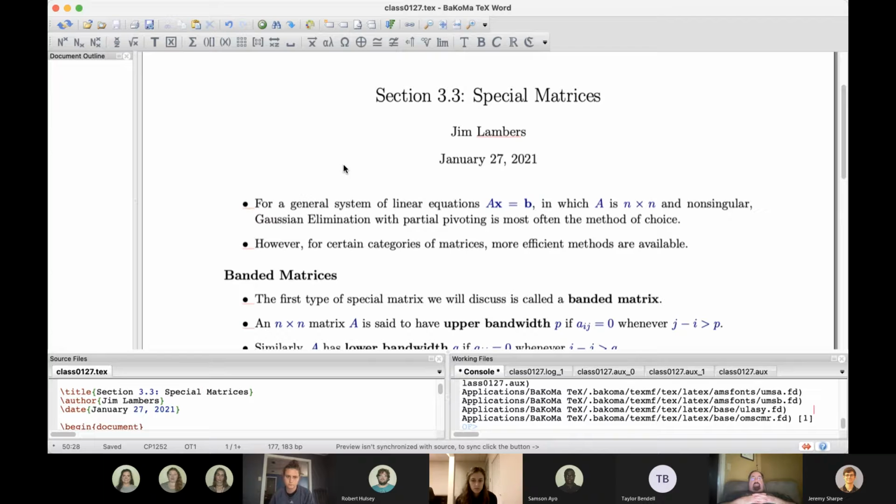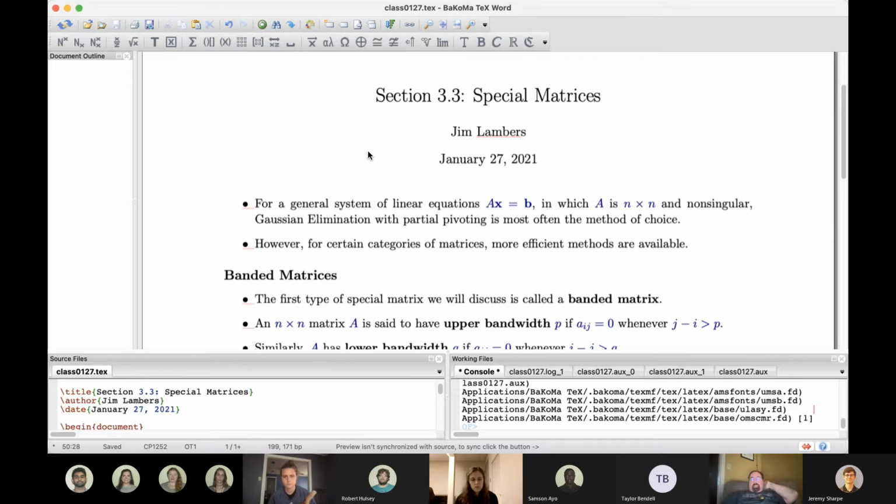So what about certain classes of matrices for which faster solution is possible? So I'm going to focus on some of those. And these classes of matrices do come up in very important applications. So these things are definitely good to know. So there's really two classes of matrices I'll focus on.